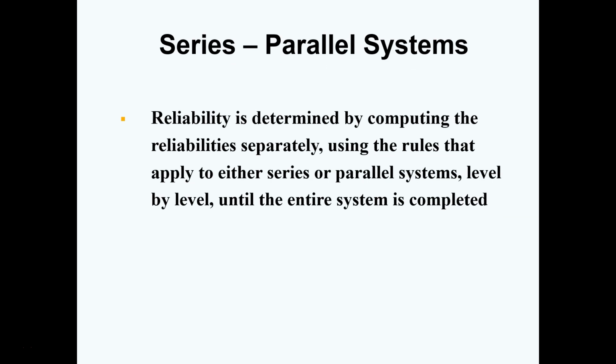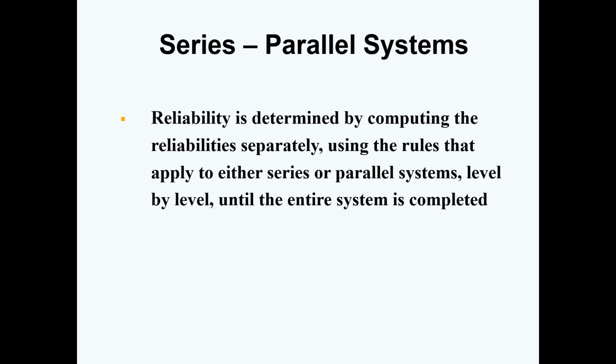Real-life systems include a combination of series and parallel components. Not all systems will be connected in parallel. Not all of them will be connected in series. So most likely you will find a combination of both. The reliability of the system can be determined by computing the reliabilities separately using the rules that apply to either series or parallel.